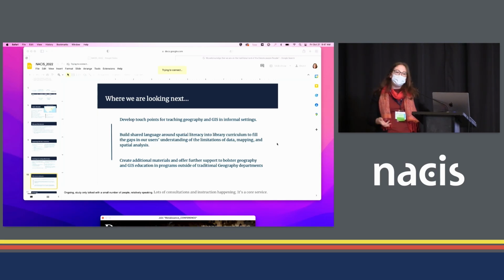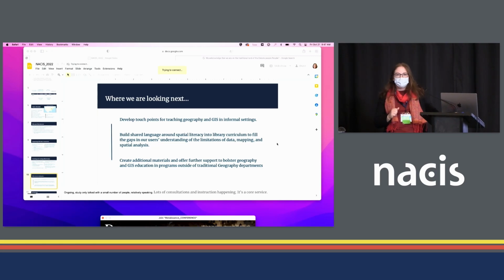like I said. If I'm a new GIS librarian, I've been asked to set up a department in addition to the 3 other jobs that I do. How can I quickly skill train? How can I quickly get materials that can help support my students?